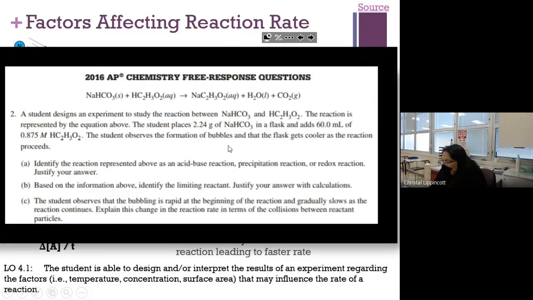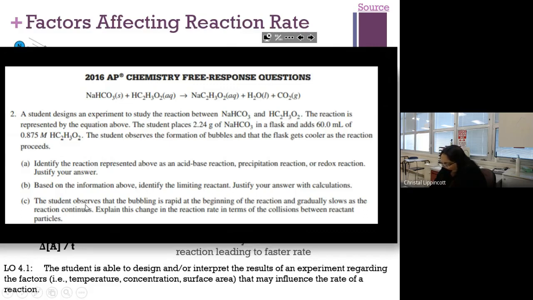Okay. So they're designing an experiment here to study the reaction between sodium hydrogen carbonate and acetic acid. The reaction is represented by the reaction above. Again, they're placing 24 grams in 6 mL. They want to identify the reaction represented above. We did that already.